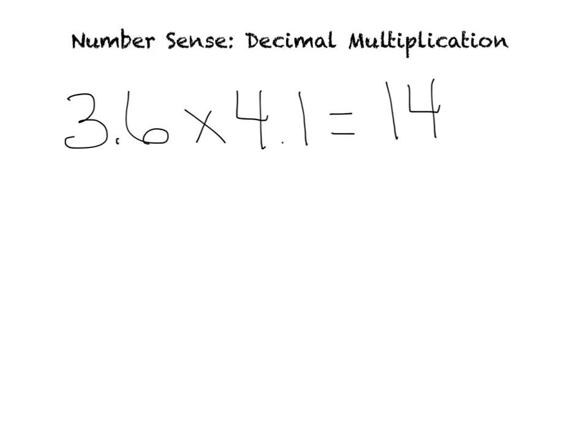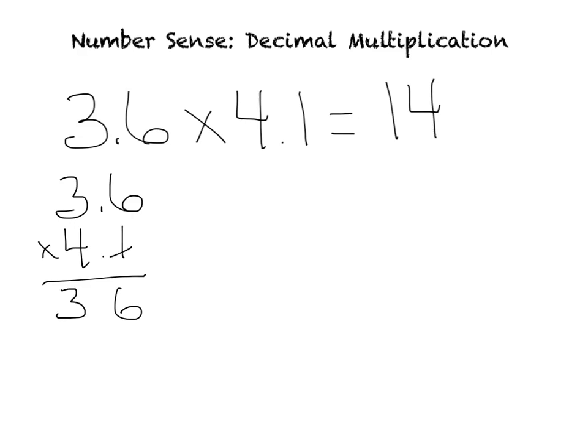So let's do that. I'm going to take 3 and 6/10 times 4 and 1/10. And now I'm going to multiply. 1 times 6 is 6. 1 times 3 is 3. I add my 0. 4 times 6 is 24.